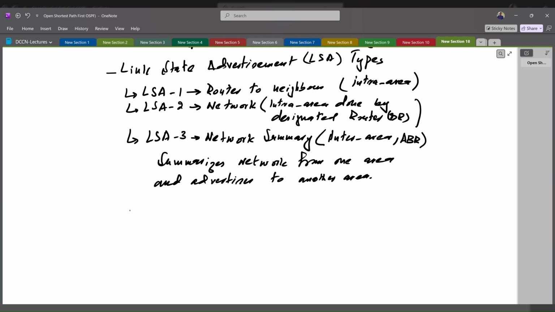Okay, so this is LSA 4. Link state advertisement 4, and this is known as ASBR summary. This ASBR is autonomous system boundary router.